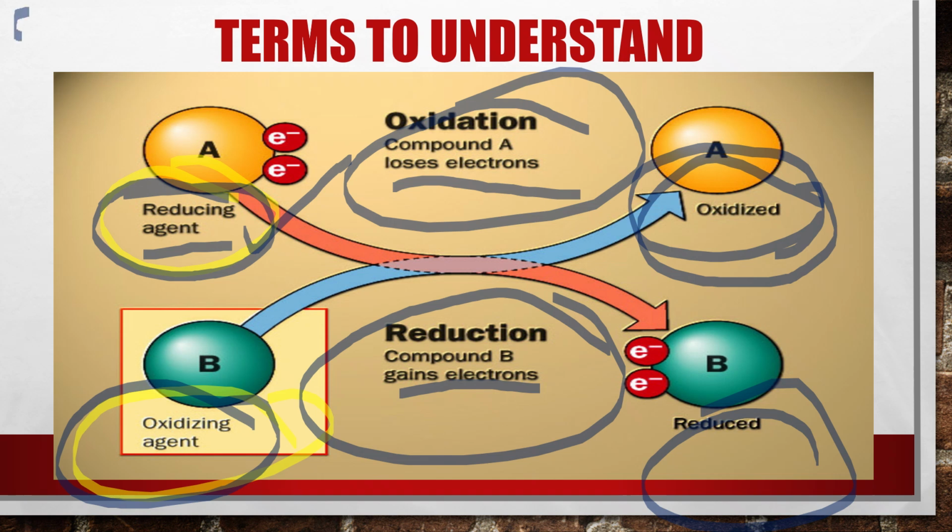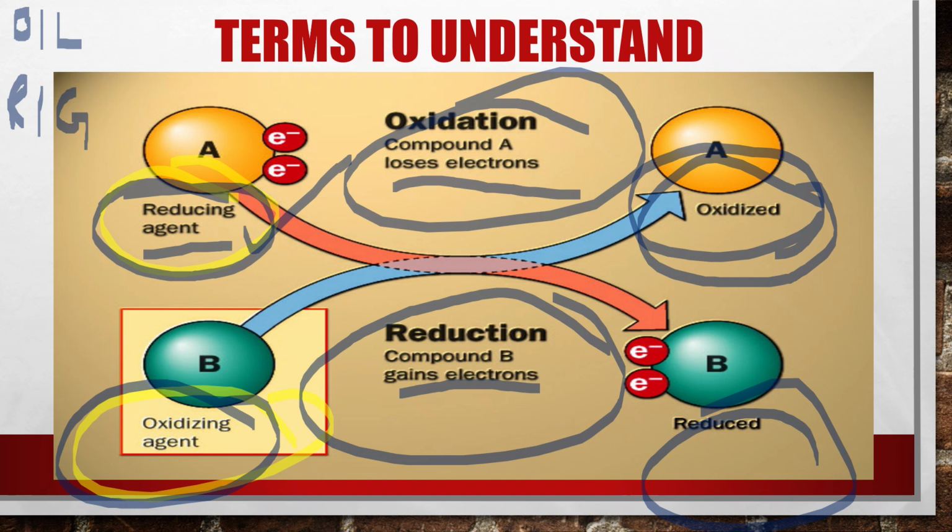There is a mnemonic that is called O, I, L, R, I, G. Okay, OIL RIG. What does it mean? O for oxidation, I for is, L for loss of electrons, R for reduction, I for is, and G for gain of electrons, right?